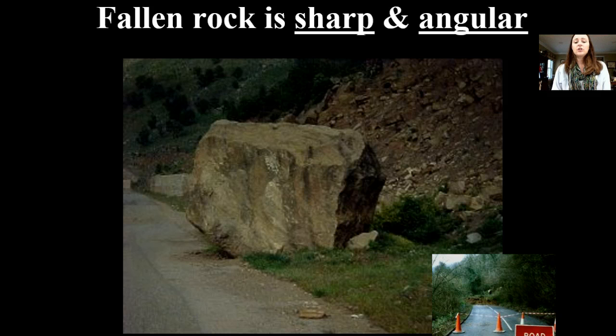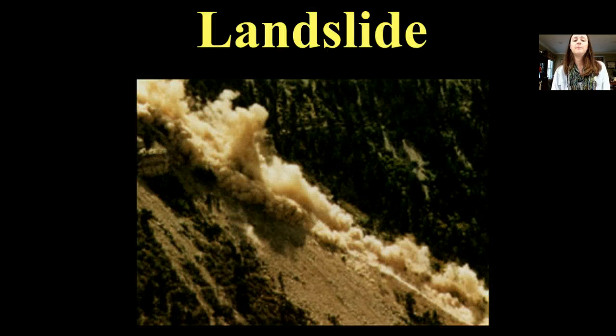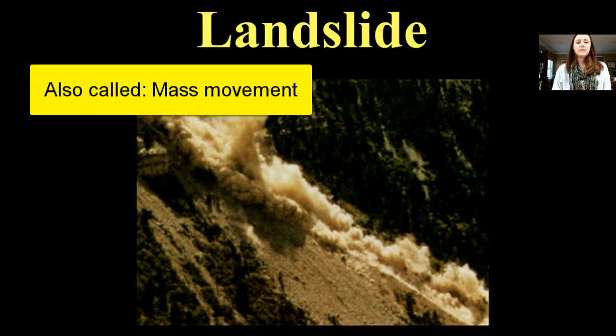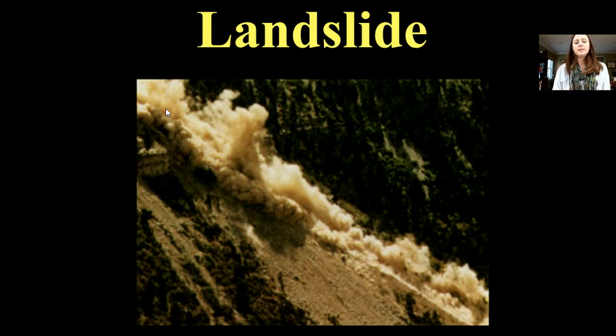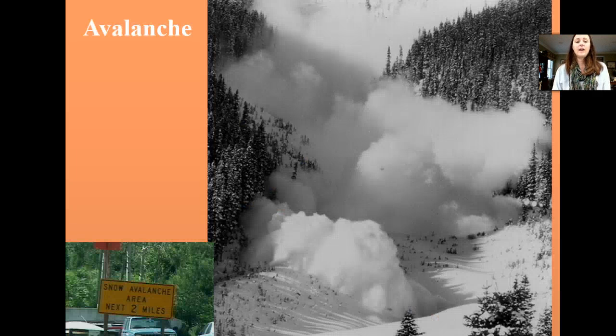Again, the fallen rock is sharp and angular, and here's a picture of how a landslide and gravity acted upon this land and covered the street. This is also known as mass movement because of the mass of land. Now here's a picture of a landslide, and you can see just how forceful this is because of all the debris that's being picked up and carried down the hill with it. It's happening very fast.